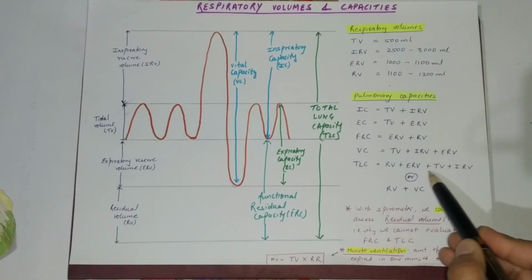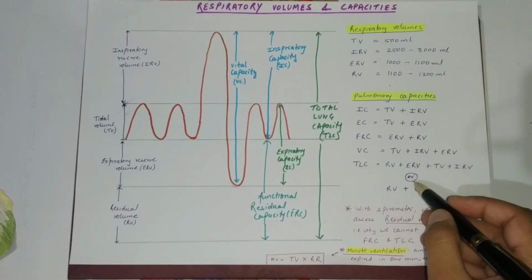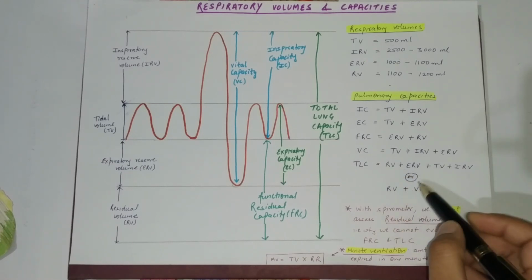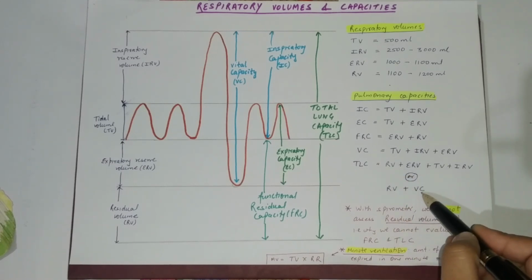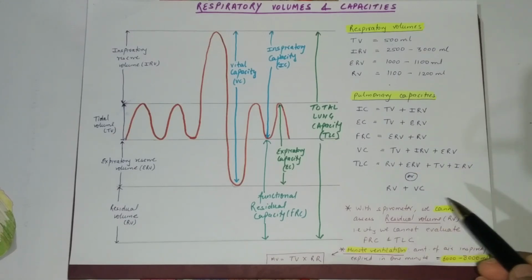So this is the formula of total lung capacity, and we can also reformulate it as residual volume plus vital capacity, because vital capacity is ERV plus tidal volume plus inspiratory reserve volume. So these are very important MCQs which are easily framed.